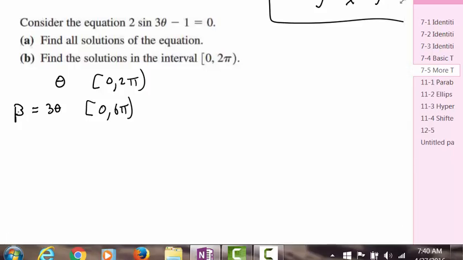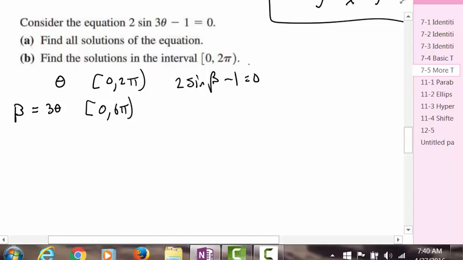I'm going to set up this same equation in terms of beta, keeping in mind that beta goes around the unit circle 3 times, and then I'll come back in and reconcile this for theta. If I rewrite this, I get 2 sine of beta minus 1 equals 0. Okay, well that's something we know how to solve. It's kind of like doing a U substitution, yeah.